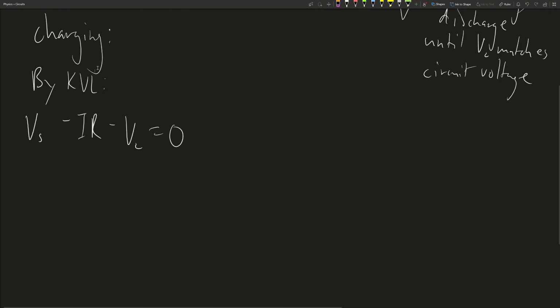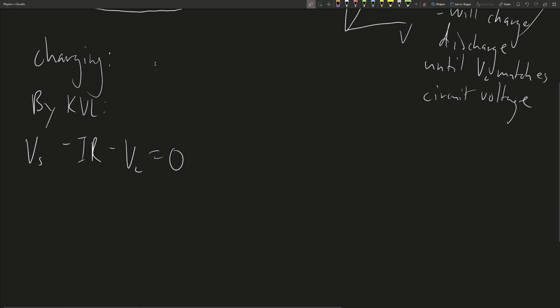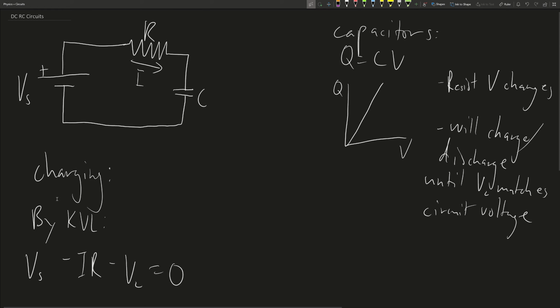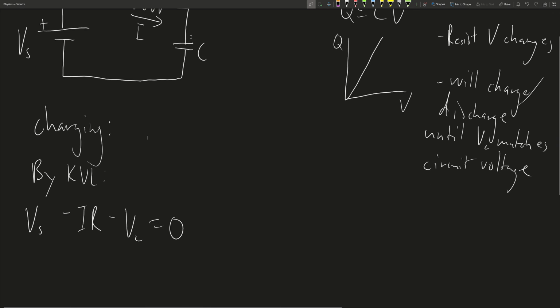This is just Kirchhoff's voltage law: the voltage of the battery minus the voltage drop across this resistor minus the voltage across this capacitor is equal to 0.